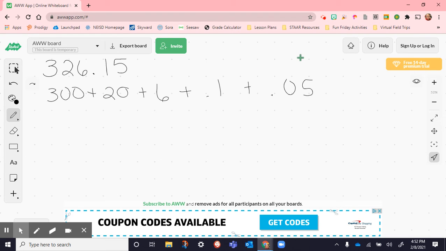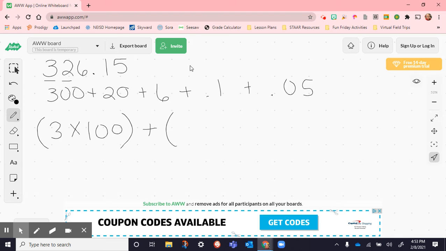So if I have 300, I'm going to put this in parentheses, and I open it up and take my first digit and ask, how did I get 300? Well, it's in the hundreds place, so I took 3 and multiplied it by 100. Okay, 3 times 100 plus, go to your next digit. I put a little line under each digit so I know I already did the 3, now I'm going to go to the 2.